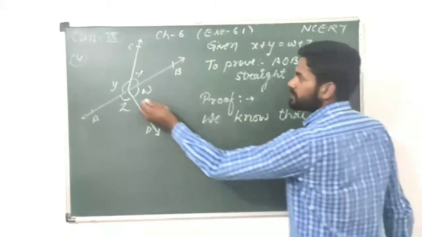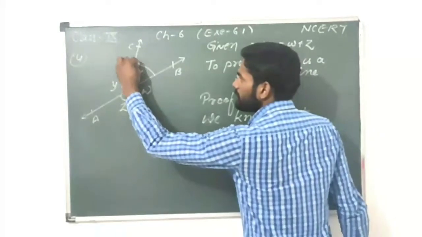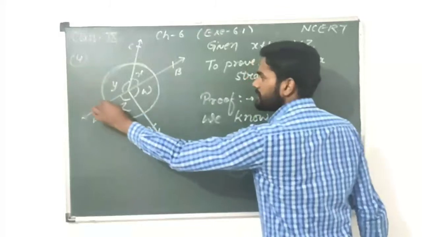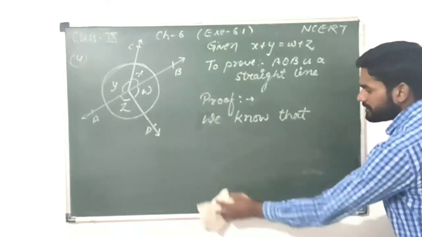And in this case, sum of all these angles, it is a circular angle, which will be equal to 360 degrees.